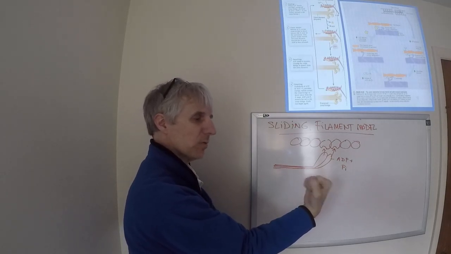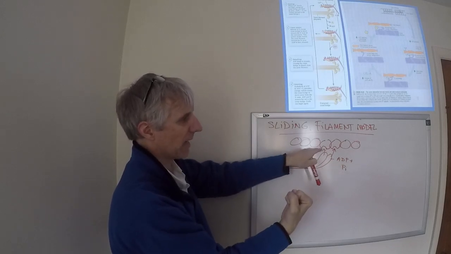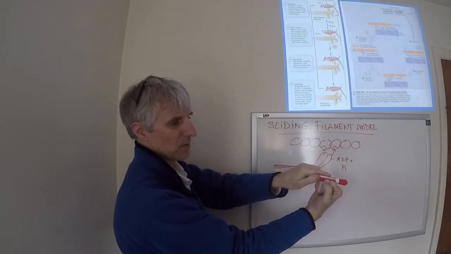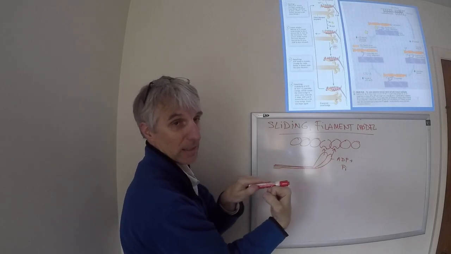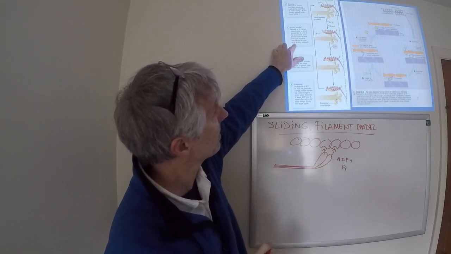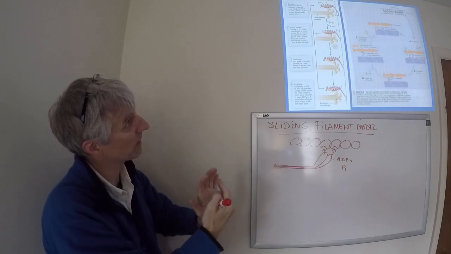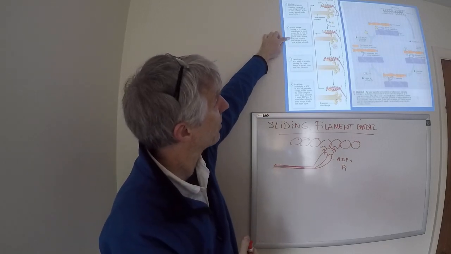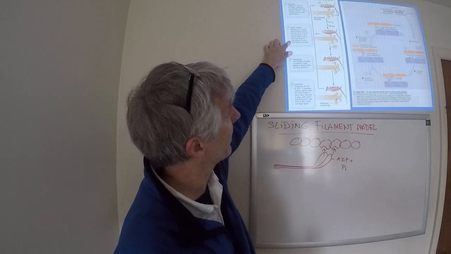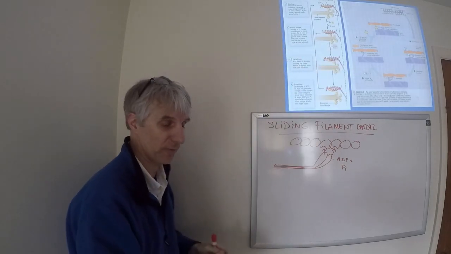But as it moves to its low energy conformation, it's attached to the actin at these binding sites. So as it moves from high to low energy, it pulls the actin along with it. Make sense? And that causes the movement, right, the shrinking of that H zone in the I band. The power stroke moves the actin filament toward the H zone, and then the ADP is kicked off.